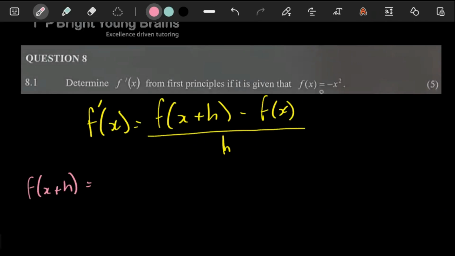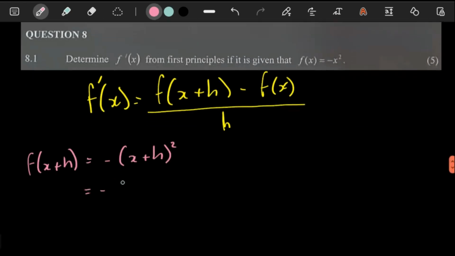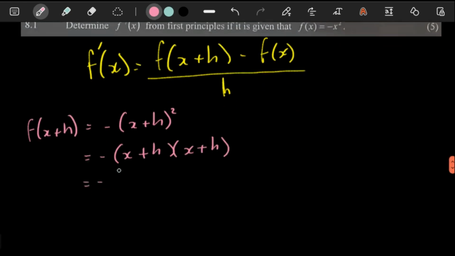What this means is, in the equation of f, you have to throw in x plus h. So here you're going to have x plus h, and then x plus h again. And then here you're going to have x times x, which is x squared, x times h, and h times h is h squared.